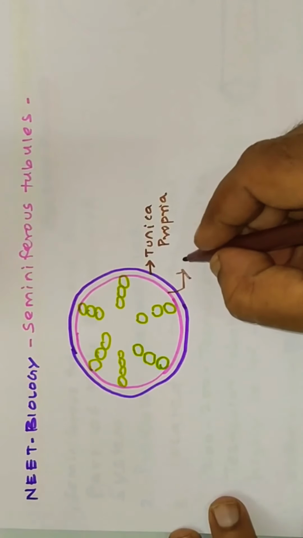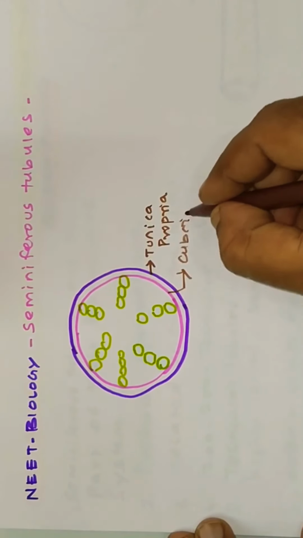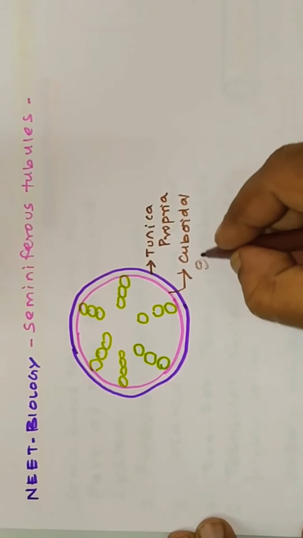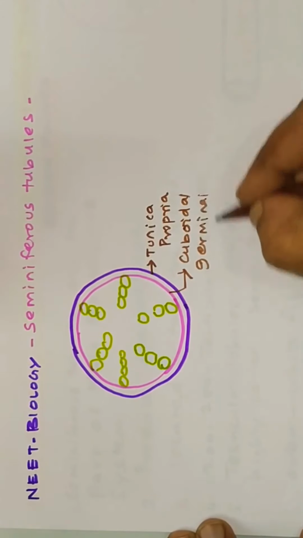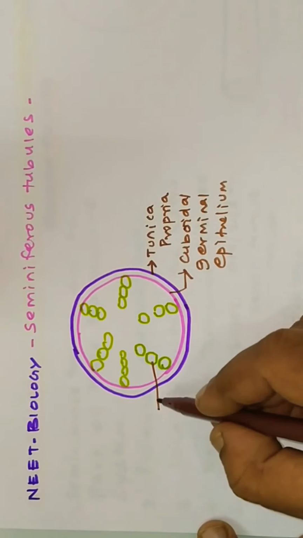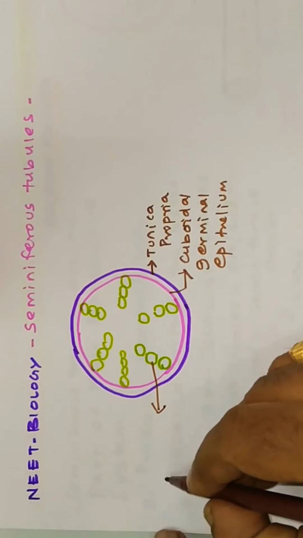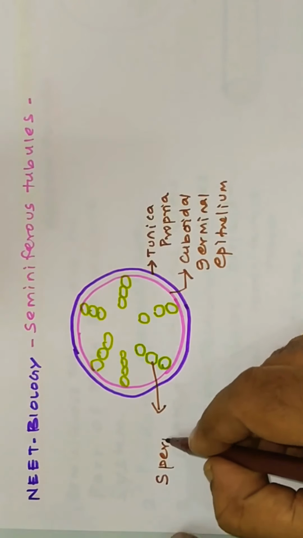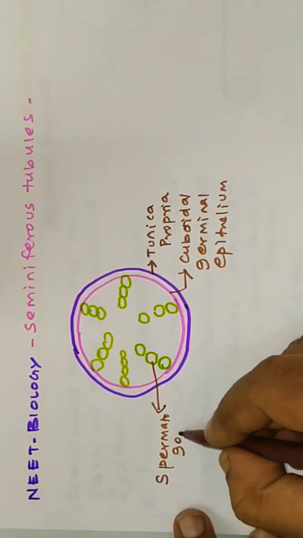This one is the cuboidal germinal epithelium. In that cuboidal germinal epithelium, these cells are termed spermatogonia.